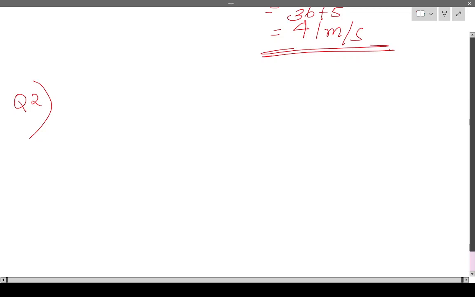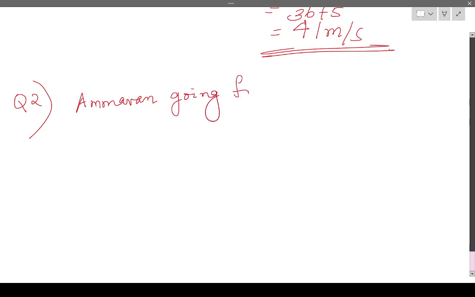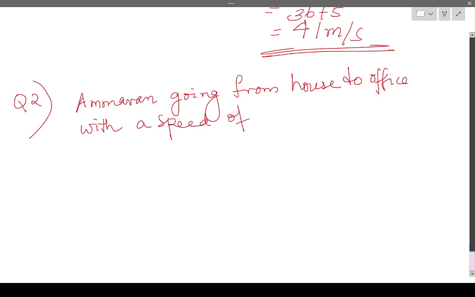Ammavan is going from house to office with a speed of 60 kilometers per hour.